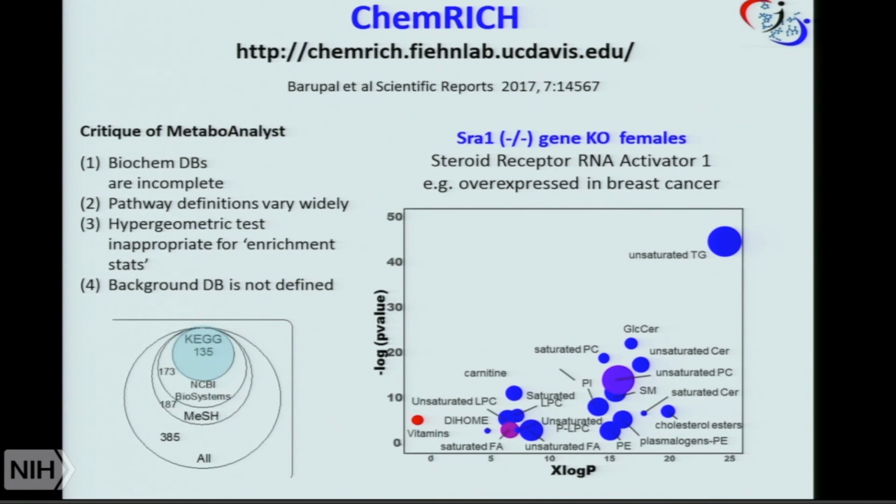The MetaboAnalyst uses an inappropriate statistical design. Also, of course, the background database for what is the metabolome is not defined, and you lose many identified compounds that are not found in biochemical databases. So instead, we use the chemistry itself.